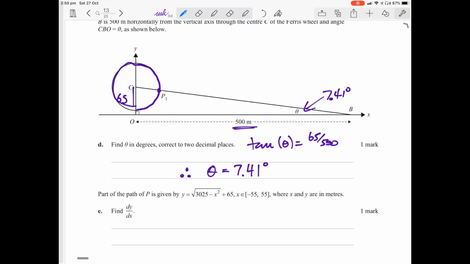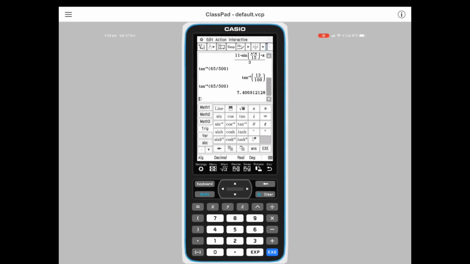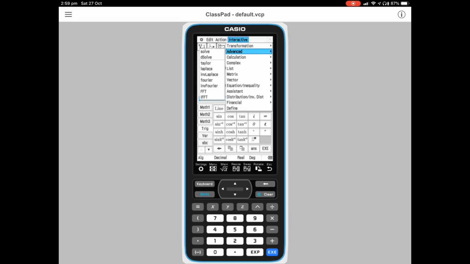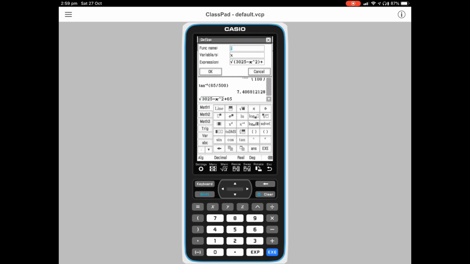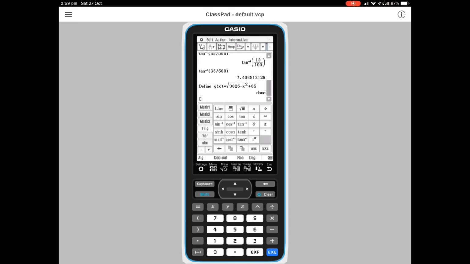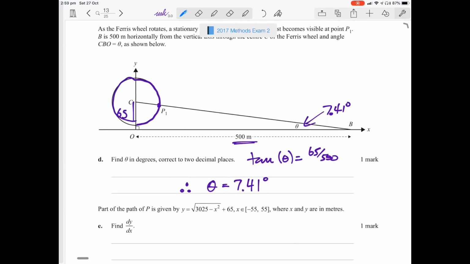Okay, find dy dx. So y equals root 3025 minus x squared, and then plus 65. Define that as g. So that's g of x. Let's make sure I didn't stuff it up.